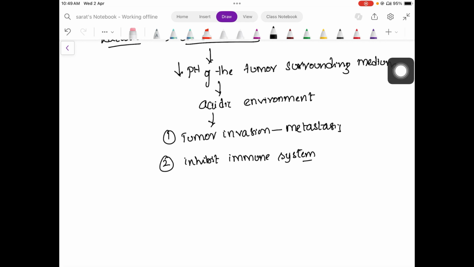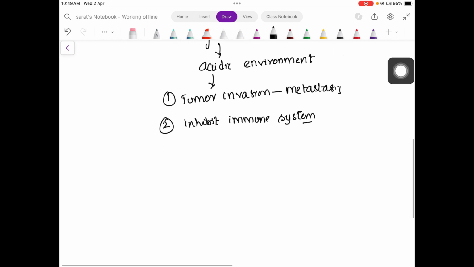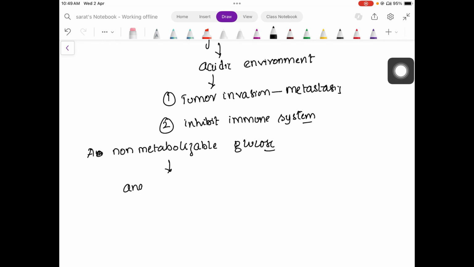And based on this uptake of glucose, we can give a non-metabolizable glucose to a cancer patient. That is an analog. This analog is 2-18F-2-deoxyglucose. This glucose analog will be given to the cancer patient.